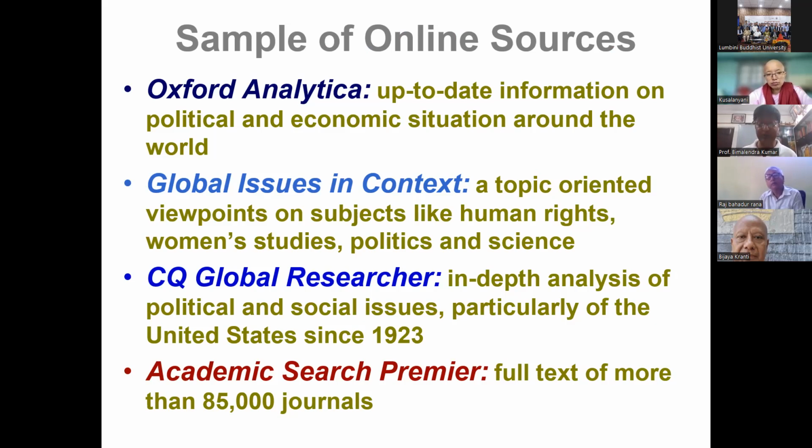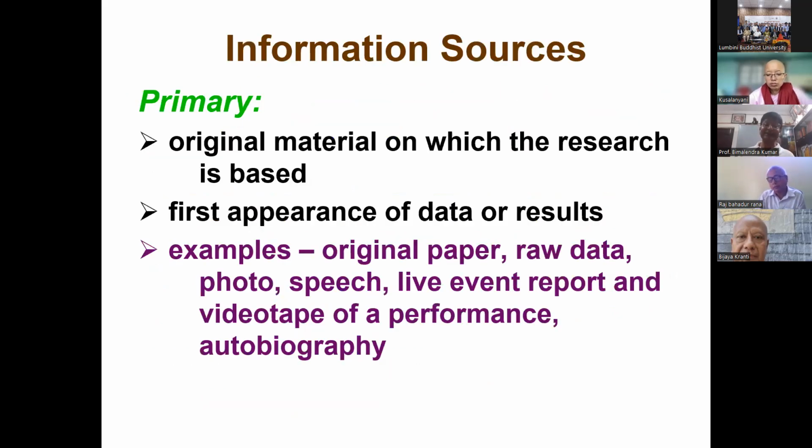Even Academic Search Premier has full text of more than 85,000 journals. We are not aware sometimes which are the good journals related to Buddhist studies. So if you search it, you will find which journals are being published all over the globe, and one can choose selections like this.